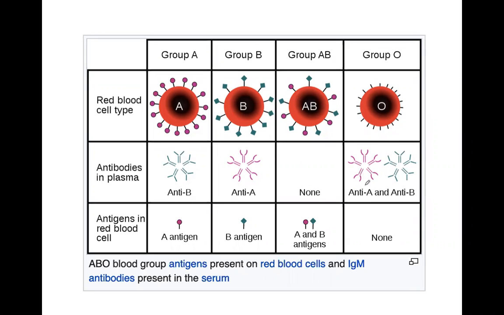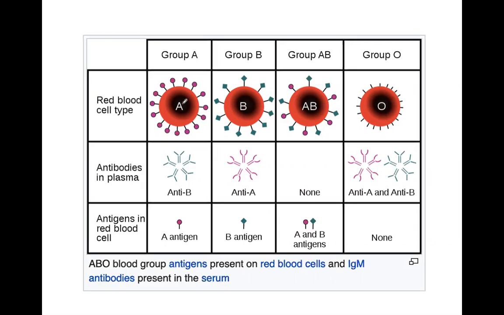But you have antibodies in the blood against A antigen and against B antigen, which means if you have this blood type, you cannot accept blood from anybody other than people with the same blood type, right? So for A and B, right?